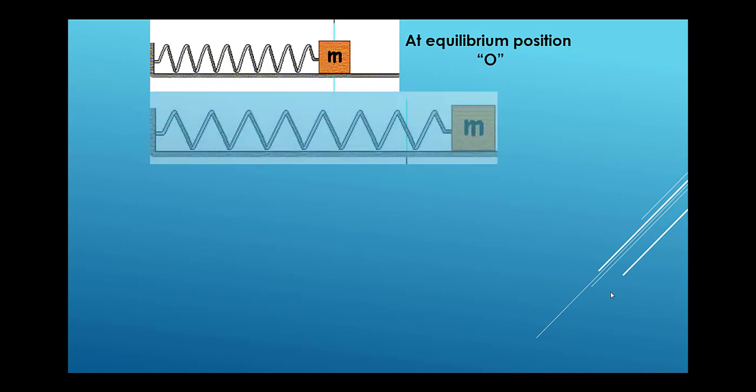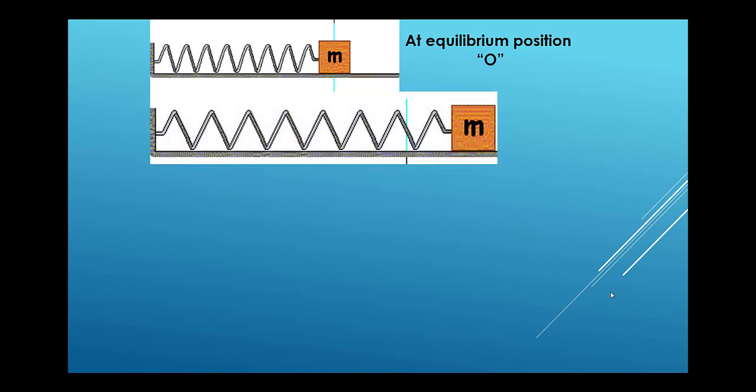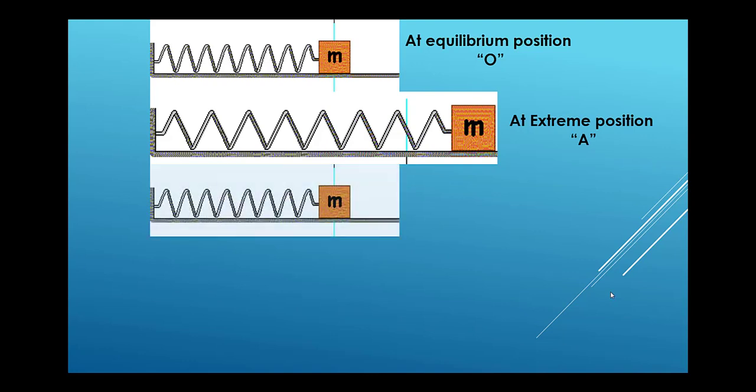If we displace the mass M from its equilibrium position to extreme position A, after the release, we start to observe the motion of the mass.